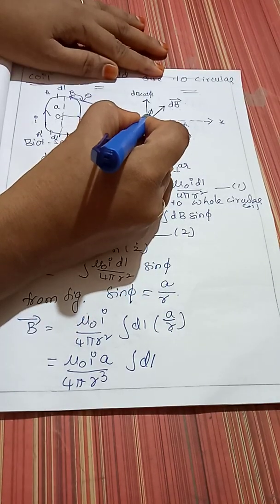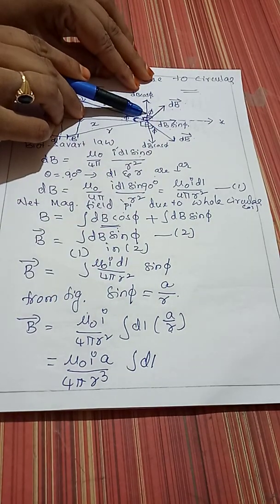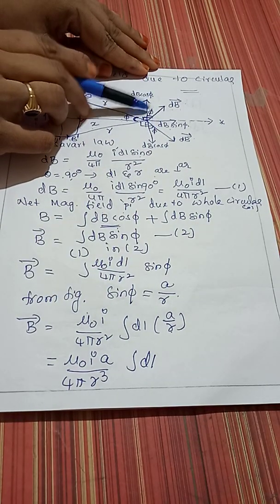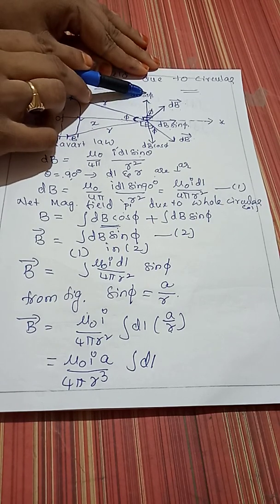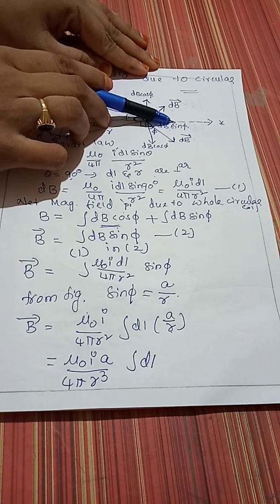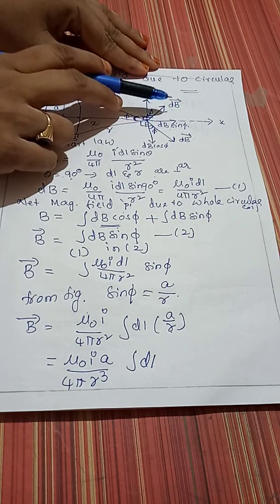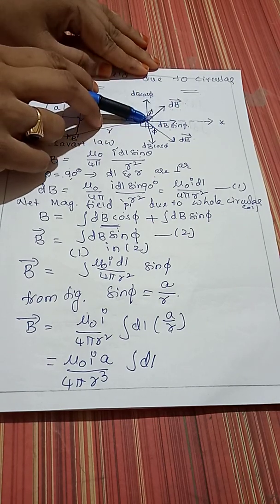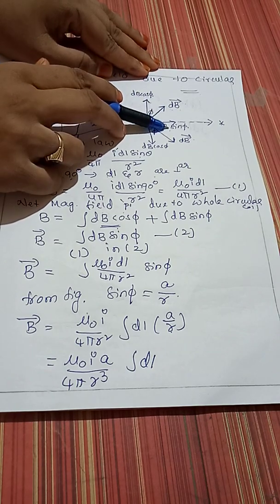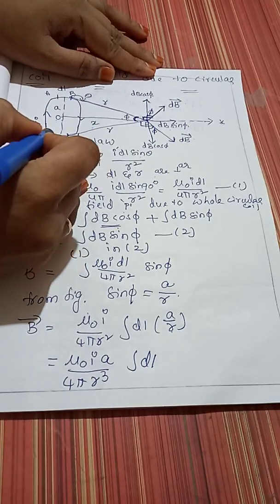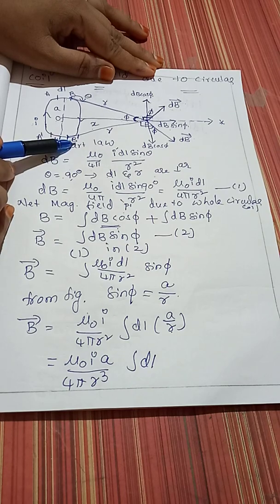When this angle is 90 minus phi, this one becomes phi. So the component along the axis is dB sin phi, and the component at right angles to the axis is dB cos phi. Similarly, we take another element opposite to AB, that is A dash B dash.